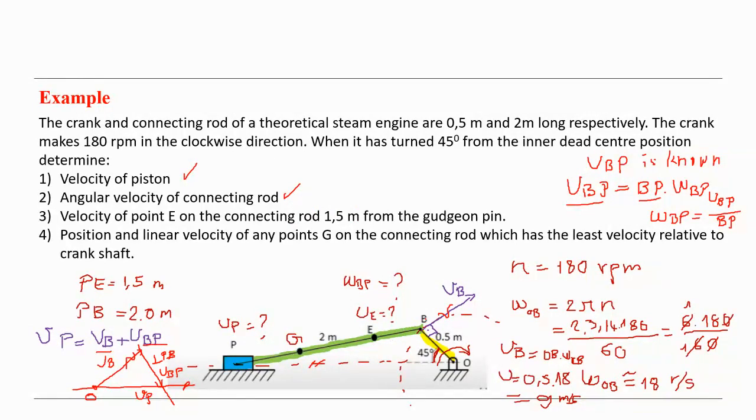This is the same as the B. Because we have this velocity triangle here, with VB, VBP, and VP, the relative velocity for the point B must be on the same line.